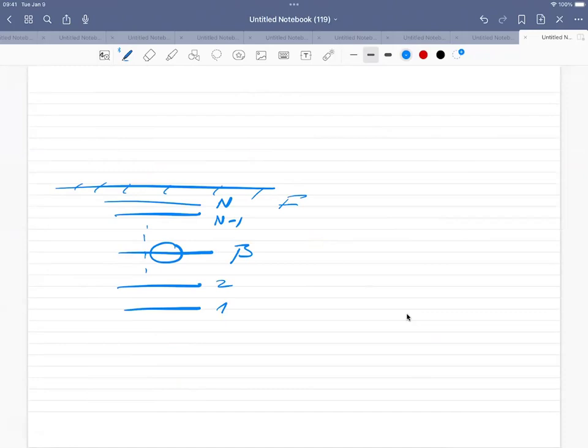So we create an n minus 1 state, but then we act with the creation operator. So we have a state n plus 1 and n plus 2, and up here there is a state alpha. And now we promote this particle, which was in the state beta, to a state above the Fermi level. What we call this is a one particle, one hole excitation of the reference state.